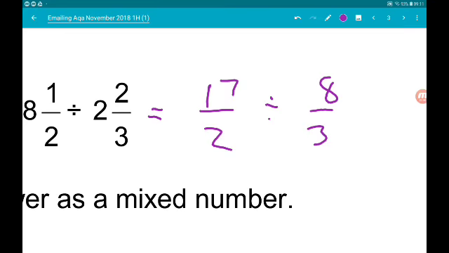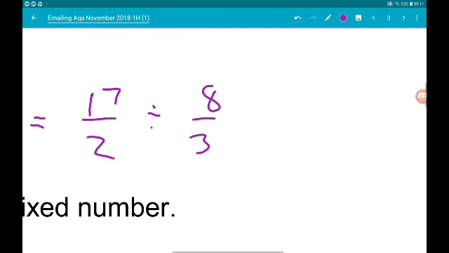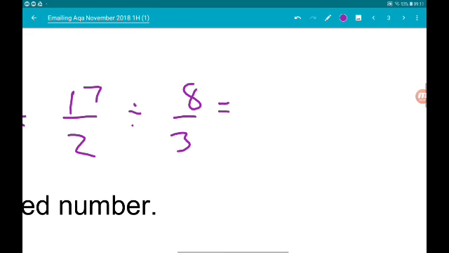8/3. To divide by a fraction, you flip it and times by it. So we've got 17 halves times 3 over 8.